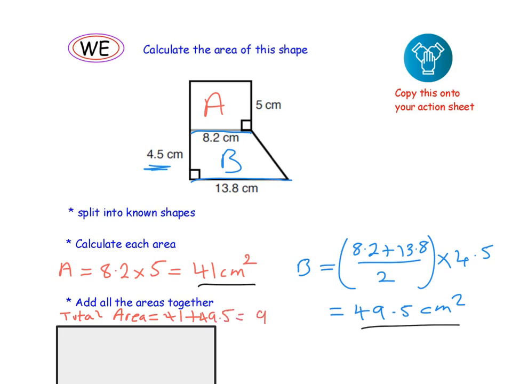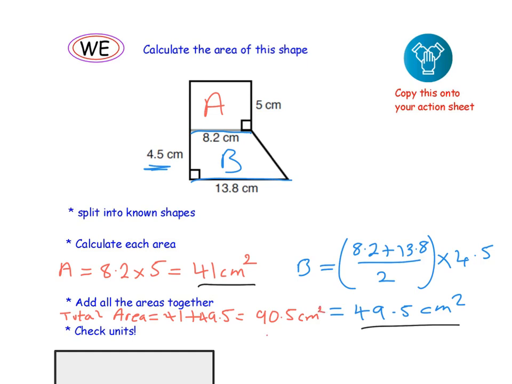That gives you a total area of 90.5. Tempting to leave that as your final answer, but check your units. We were working in centimetres, so the answer must be area squared units, 90.5 centimetres squared.